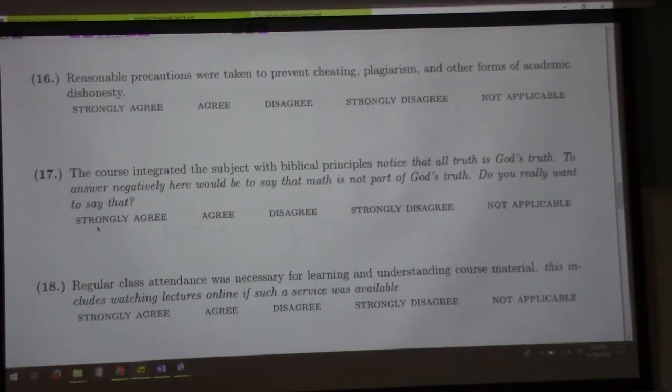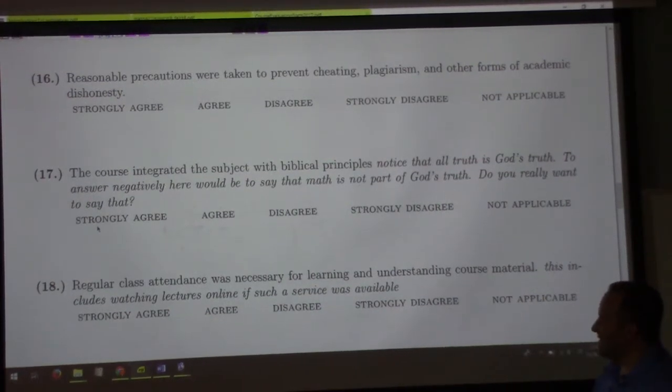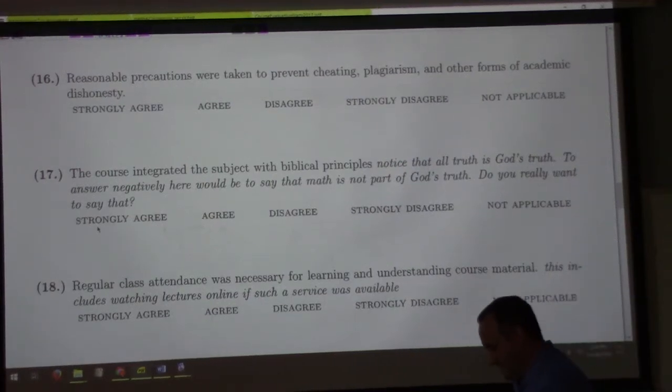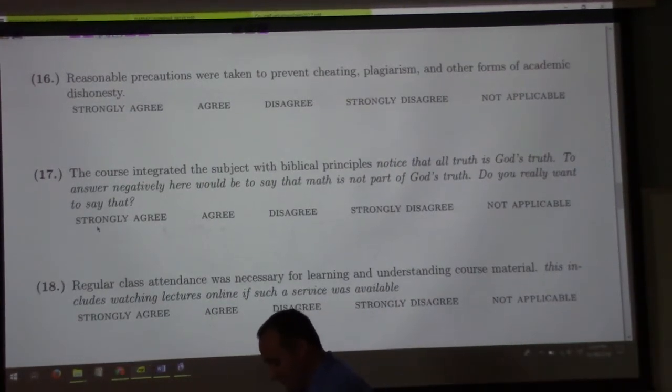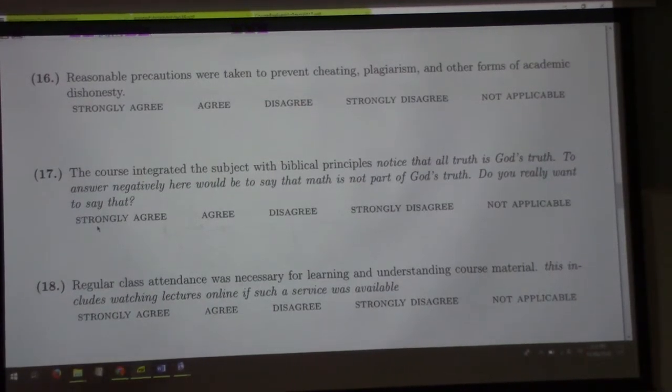I'm particularly proud. I've been working on 17 for a while. I had a better statement of this in differential equations yesterday because I asked them the question, who's the author of truth? You know who the author of truth is, right? Is math part of truth? I hope you can agree. And then I would add the following question.